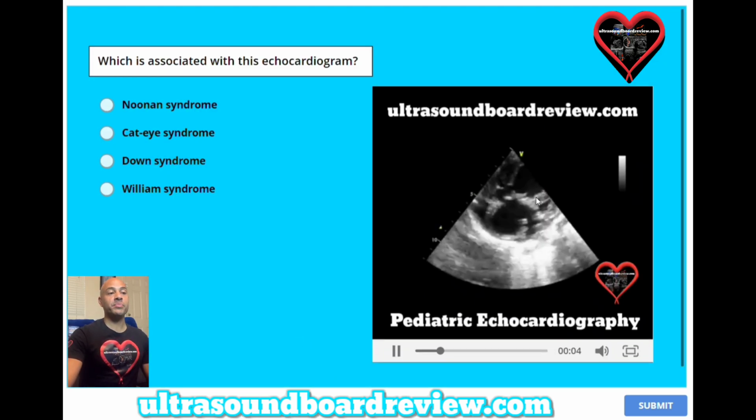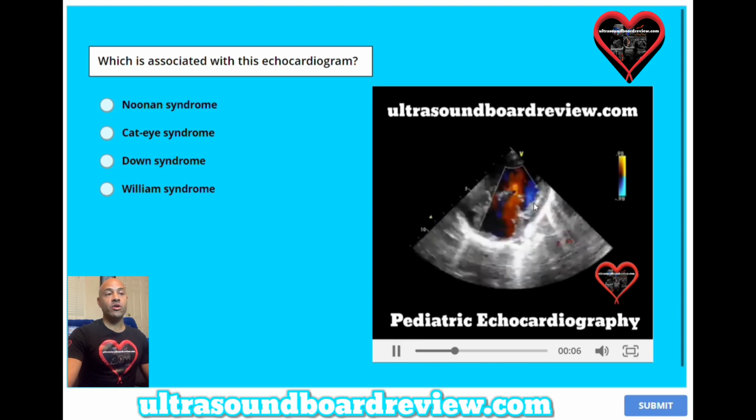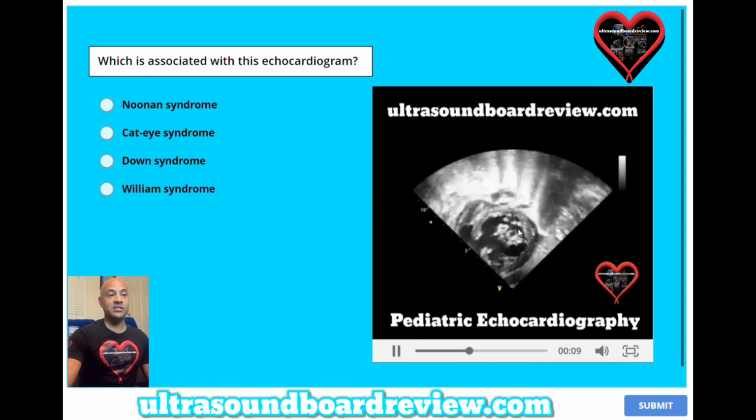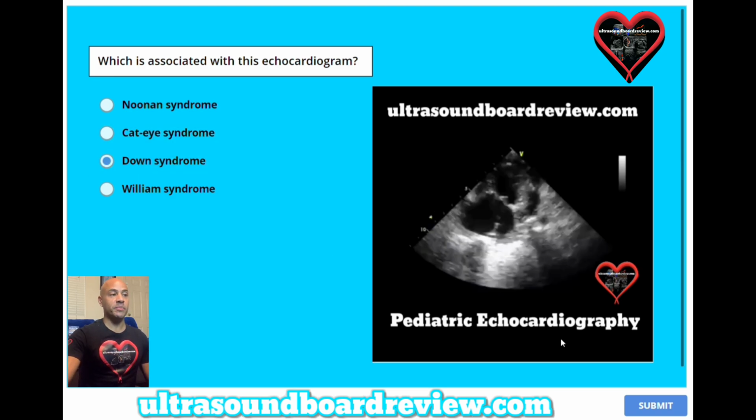This patient has a complete AVSD or an endocardial cushion defect, and this is associated with patients with Down syndrome.